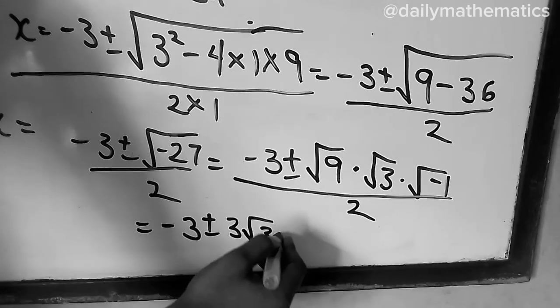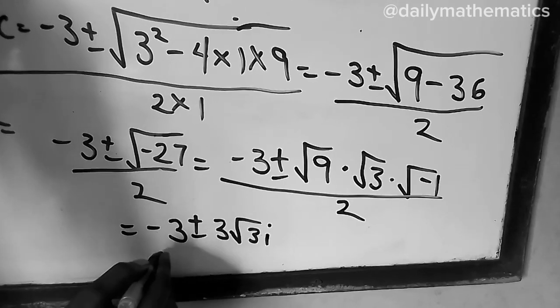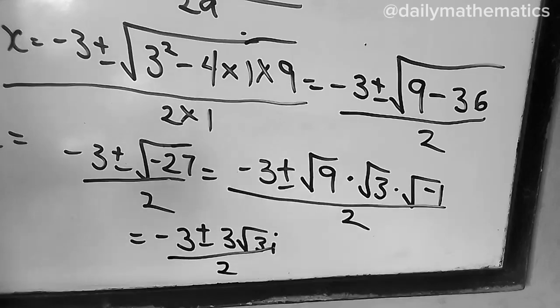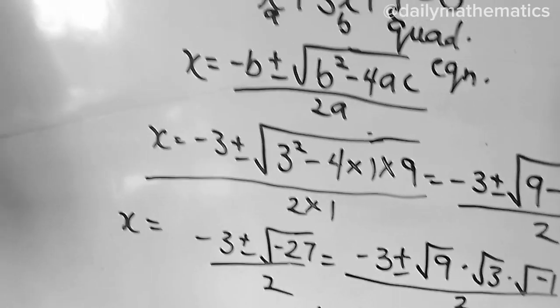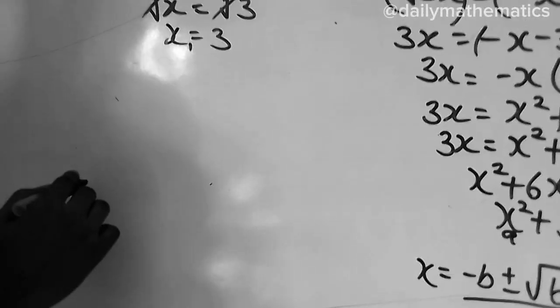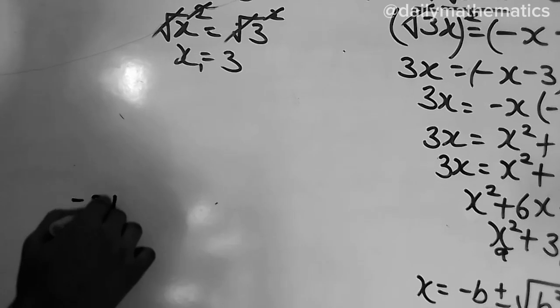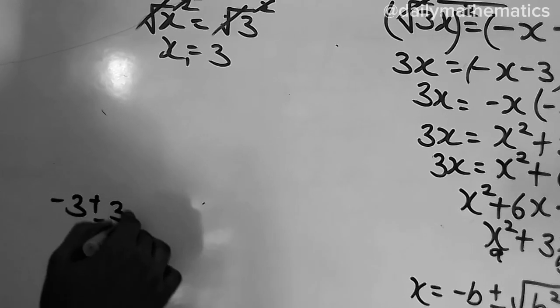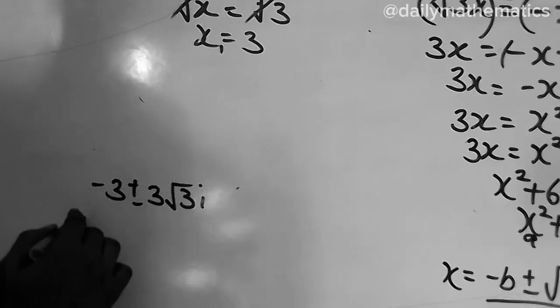Root minus 1 gives us i, so we have minus 3 plus or minus 3 root 3 i over 2.